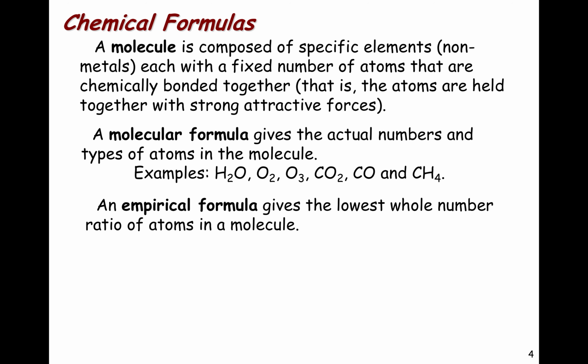We need to know the difference between the so-called molecular formula and the empirical formula for a particular compound. Turns out the molecular formula tells us exactly how many atoms there are in the molecular unit, whereas the empirical formula tells us the lowest whole number ratio of atoms in the molecule.